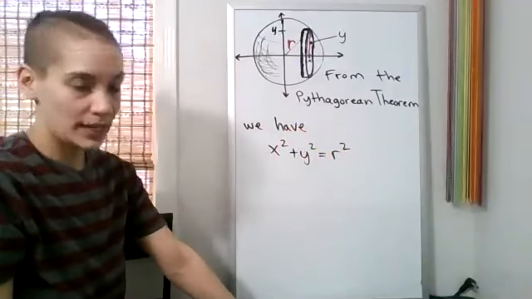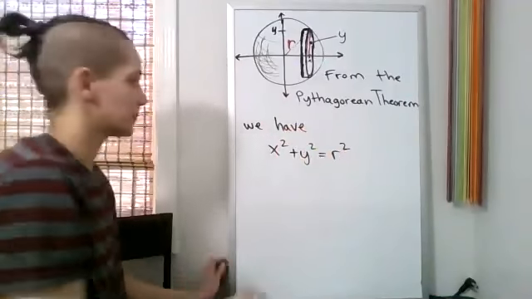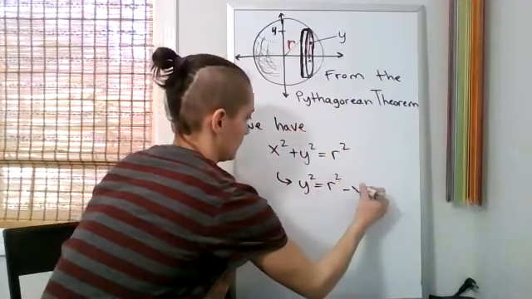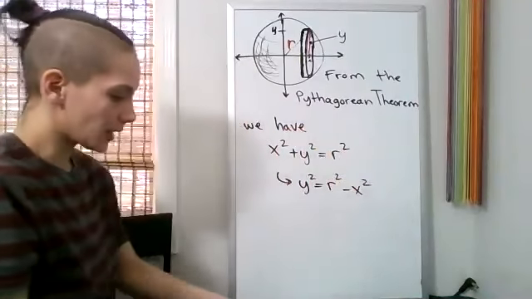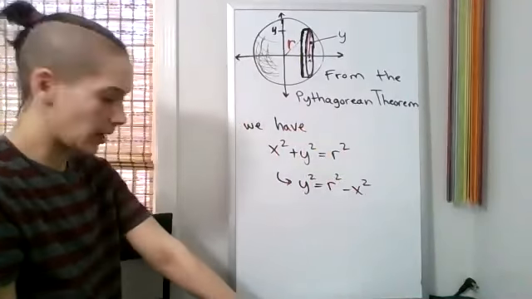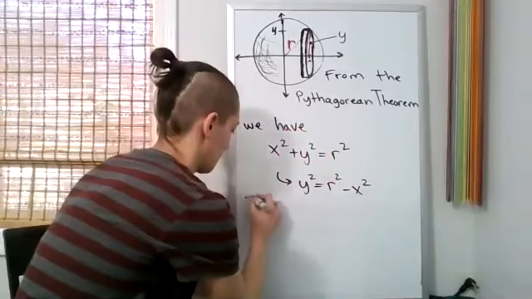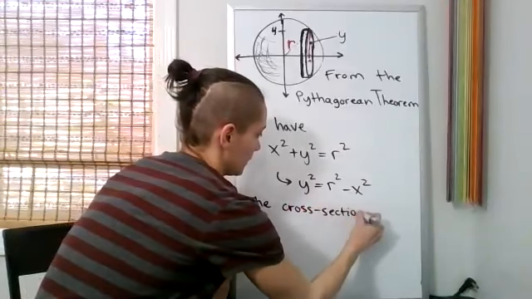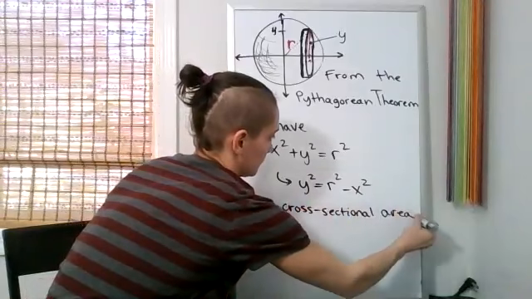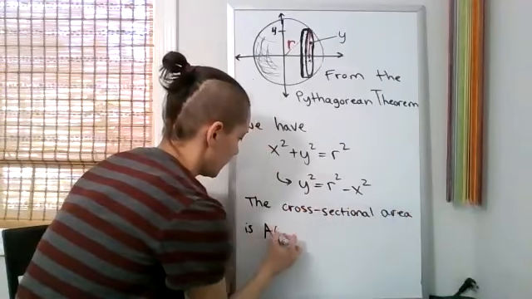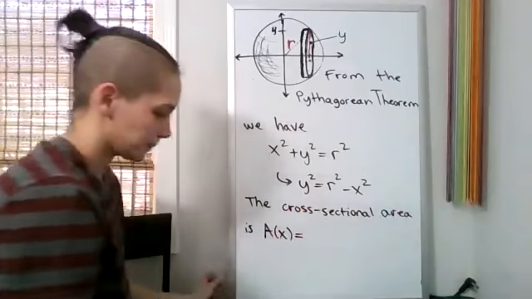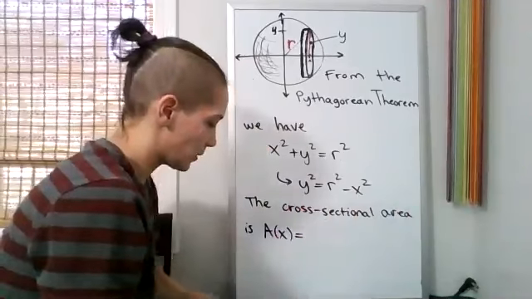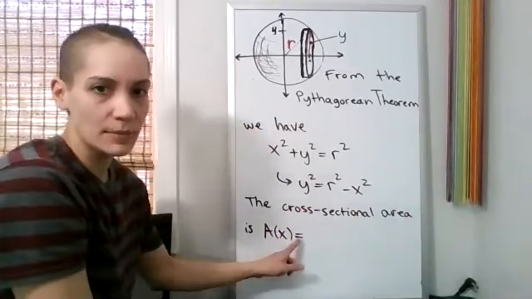Okay, I solved for y, actually for y squared. And then I wrote that the cross-sectional area is A of x, and it equals, let's see, pi times y squared, like pi times the radius squared.